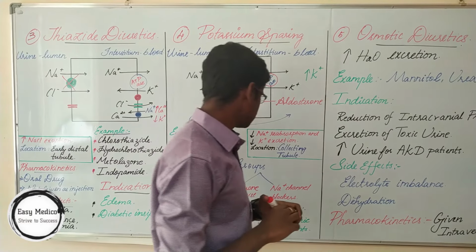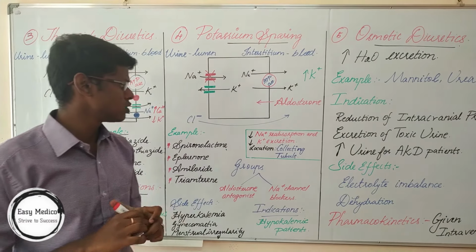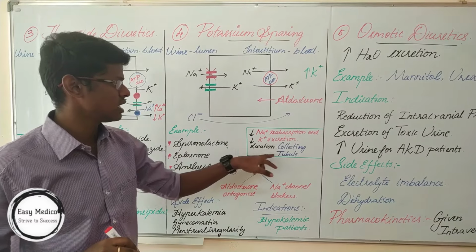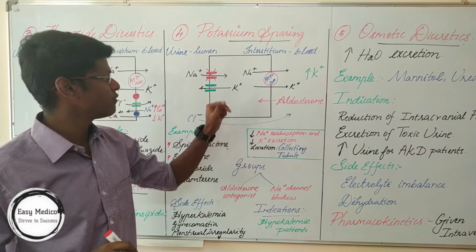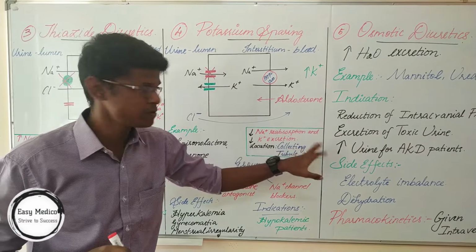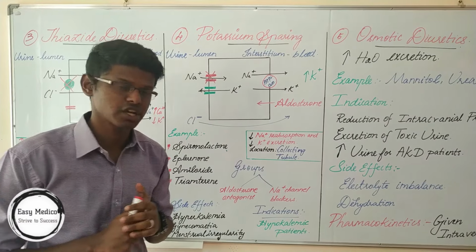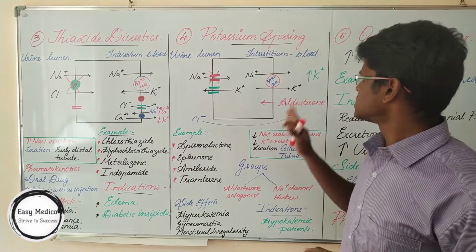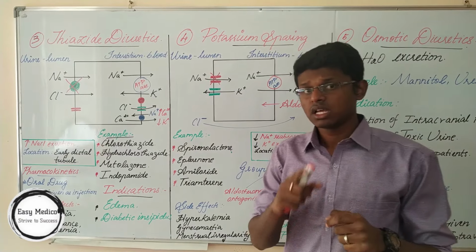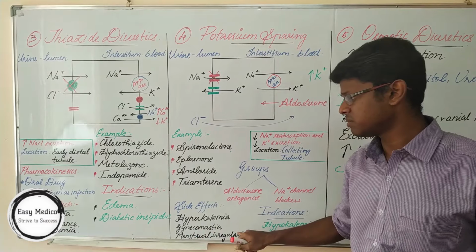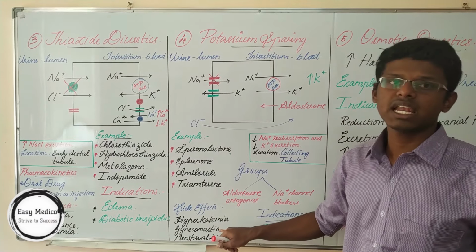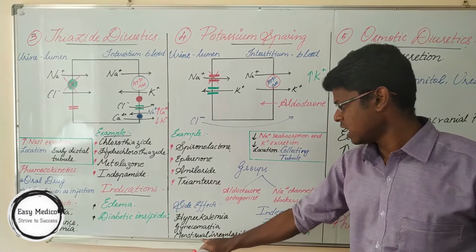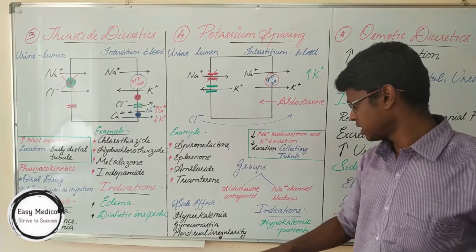Sorry, I forgot to inform you guys, the location of this is the collecting tubule, and the main work of them is to decrease sodium reabsorption and decrease potassium excretion. So ultimately their target is achieved. As they increase the potassium level, the side effects are hyperkalemia, gynecomastia, which is enlargement of breast tissue in males, and menstrual irregularity in females.